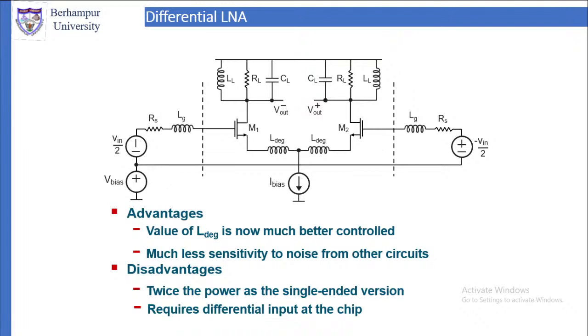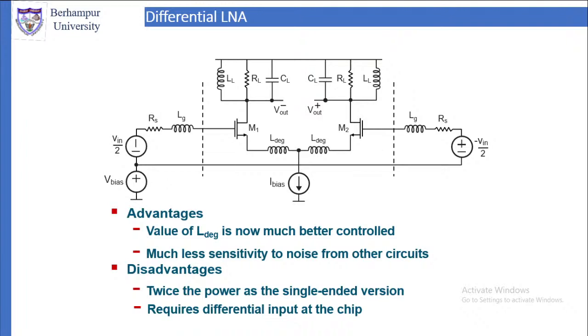Now how to handle these issues? As we already know, what we do is we go for a differential connection. So now we will consider a differential low noise amplifier, differential LNA. Look at the circuit. This is a standard differential circuit. The advantage is the value of LDEG is now under control.